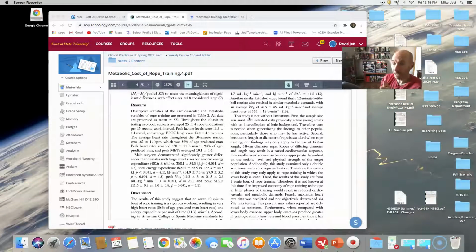We could only apply it to the population that this study used, which is physically active young adults with an intercollegiate athletic background, okay? Now, while the results may apply to the population as a whole, we really can't use this study to say it does. We can only say this study applies to the specific population used in this study, okay? So that's a limitation that should be found in almost every study that's done.